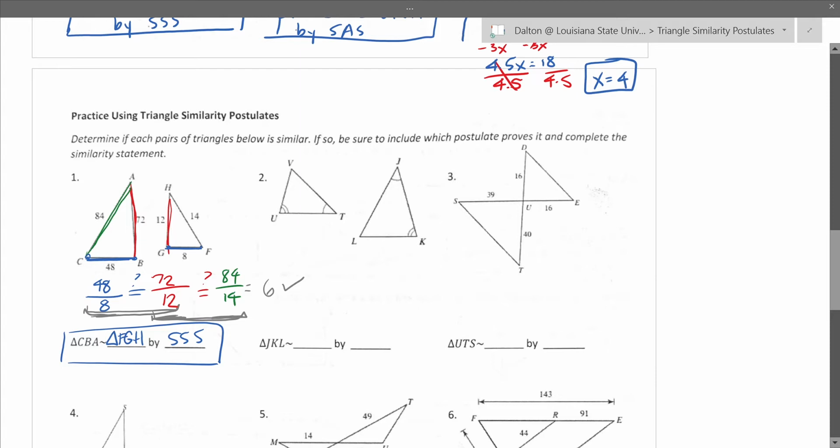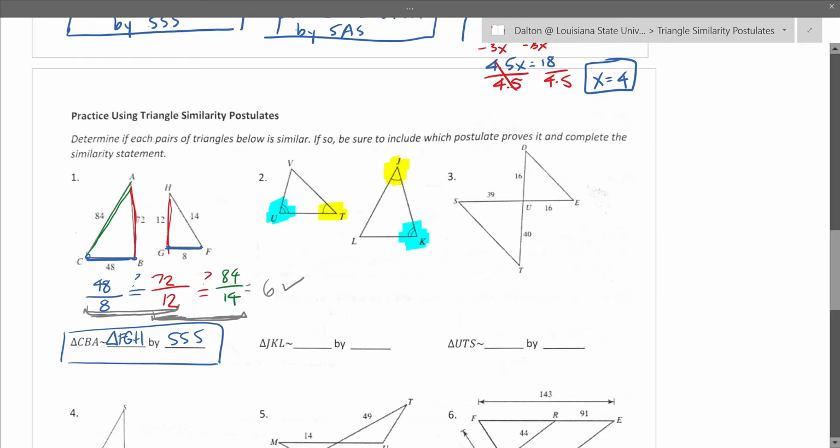Okay, number 2, I have no information about the sides, but I have some information about the angles. We see here that angle T, it's already marked, has 1 arc mark, so it is congruent to angle J. And then I have that angle U has 2 arc marks, and it is congruent to angle K, which has 2 arc marks. So this one's really easy.